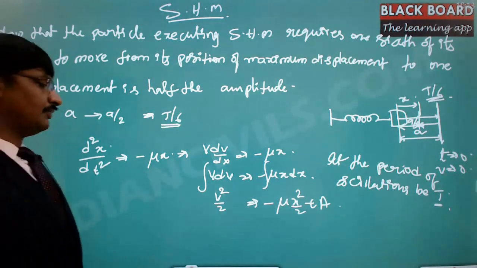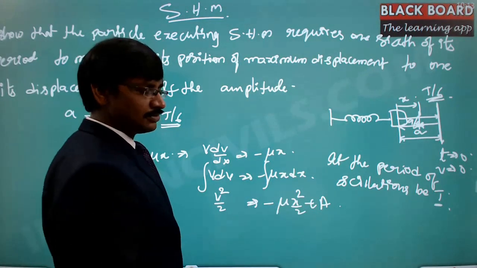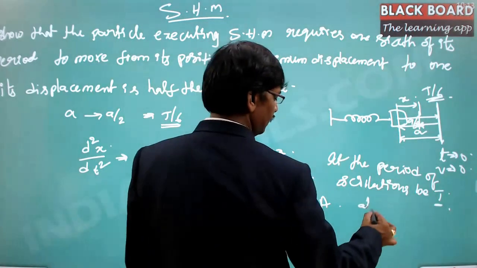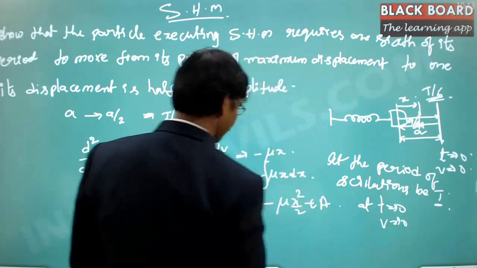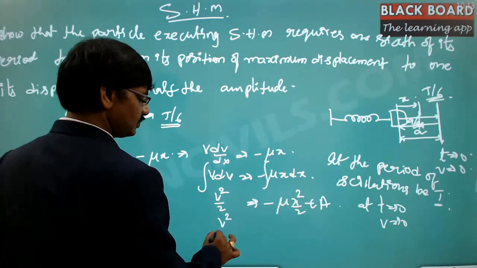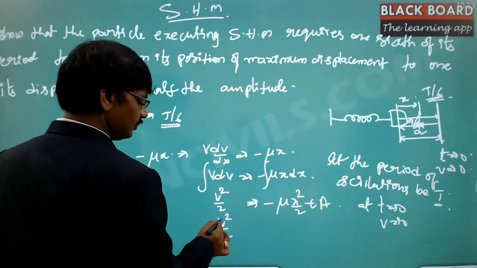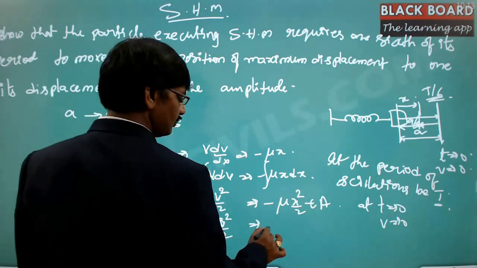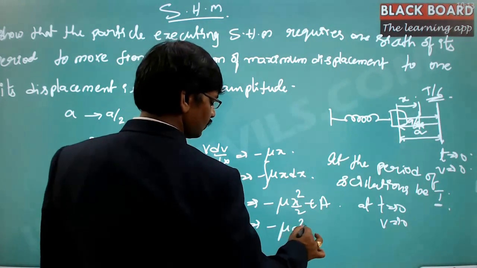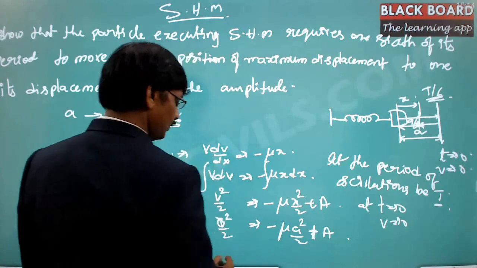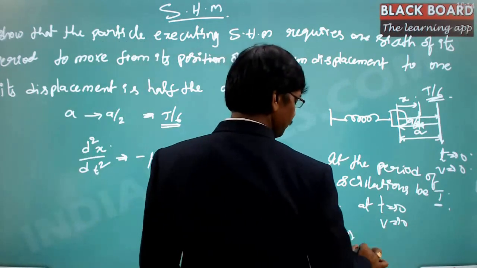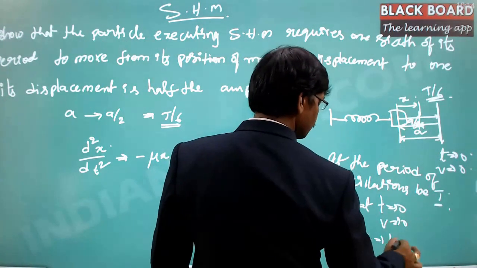After substituting the initial conditions, at t equal to 0 the velocity v is equal to 0, so 0 is equal to minus mu a square by 2 plus the constant. In other words, the constant can be represented as mu a square by 2.